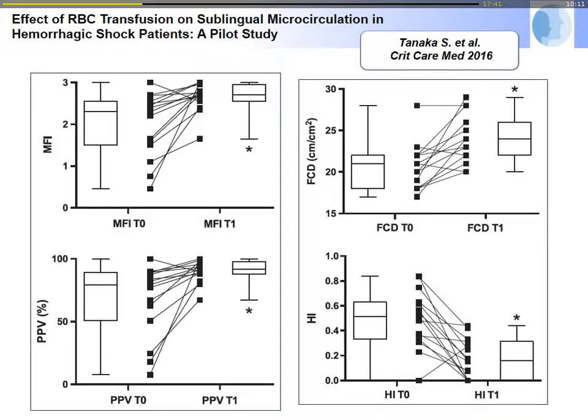And when we give only 250 milliliters of blood, we have a nice improvement of microcirculation. So for me, it's clear that it's impossible to know, just by looking at your macrocirculatory parameters, how is your microcirculation, how is your tissue perfusion. And you know, we consider that in septic patients and hemorrhagic shock patients, a hemoglobin level between 7 and 9 is okay. But maybe it's more complicated than this at the microcirculatory level.